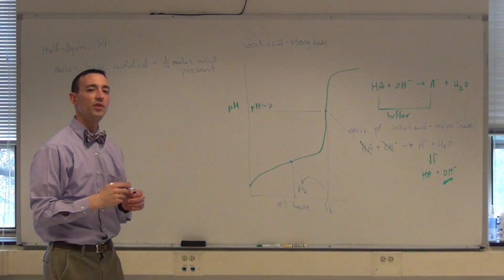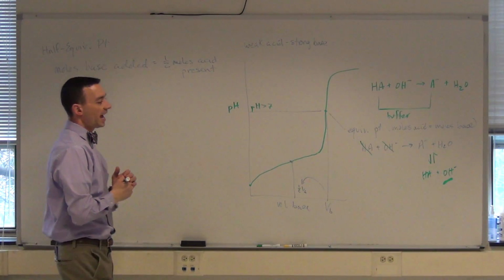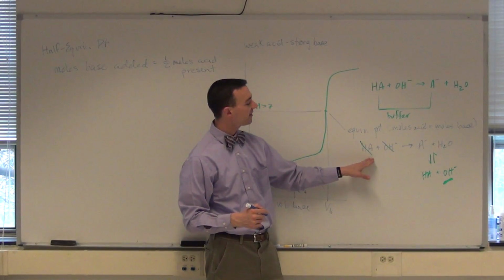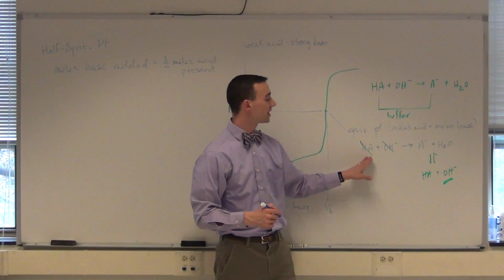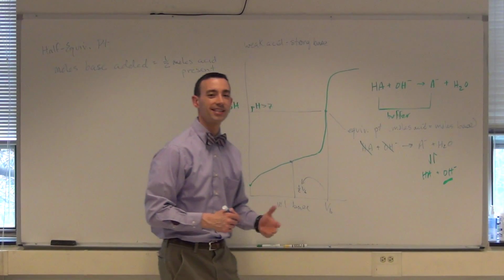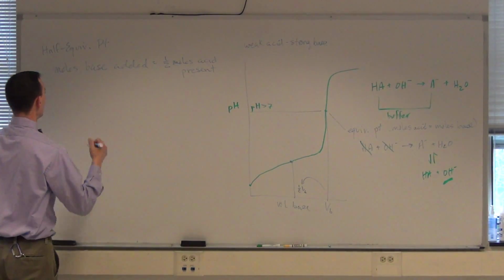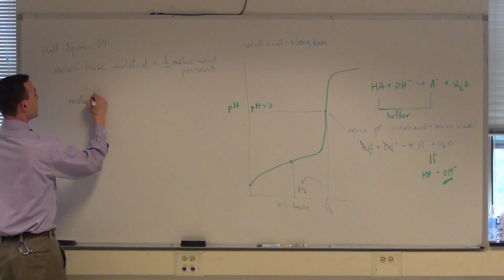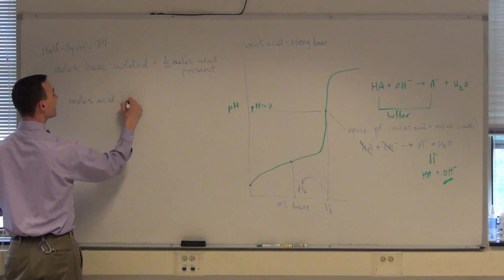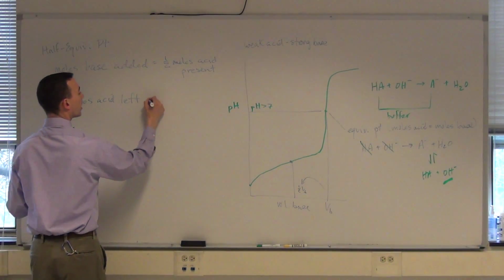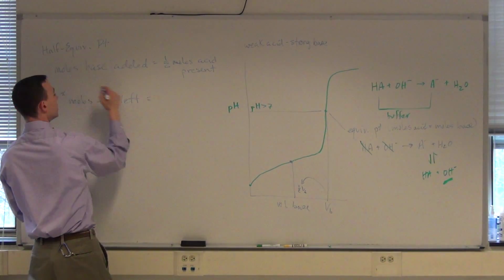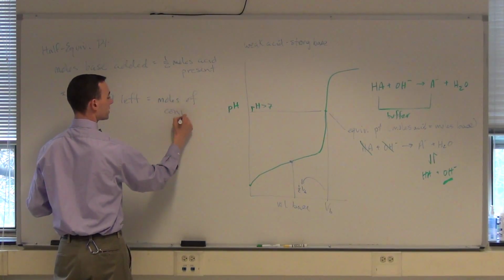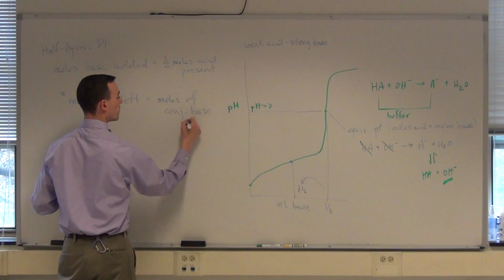But this is kind of unique, because if we've added a quantity of base that's half the moles of acid, we'll have eliminated half the moles of acid as well that we started with. And so we'll actually end up with a condition where the moles of acid left, okay, are going to be equal to the moles of conjugate base formed.